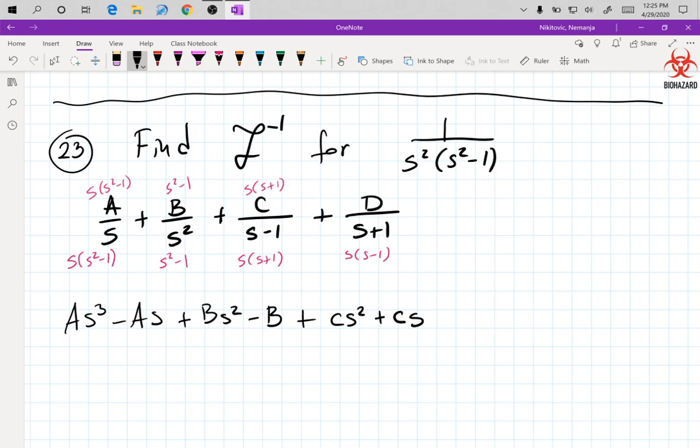And at the end I have s minus 1 to multiply, so that's D s squared minus D s, equals 1.